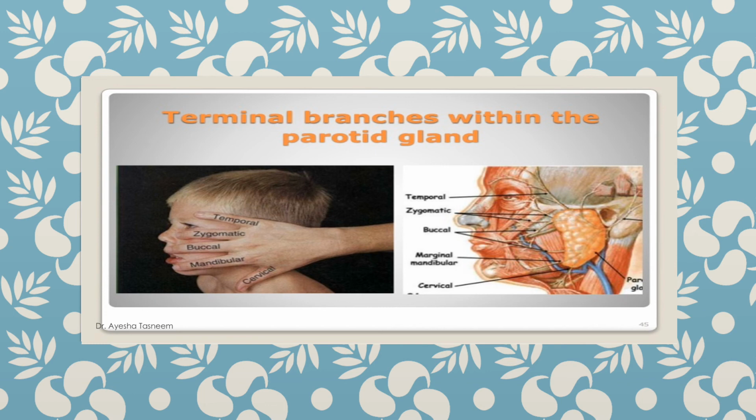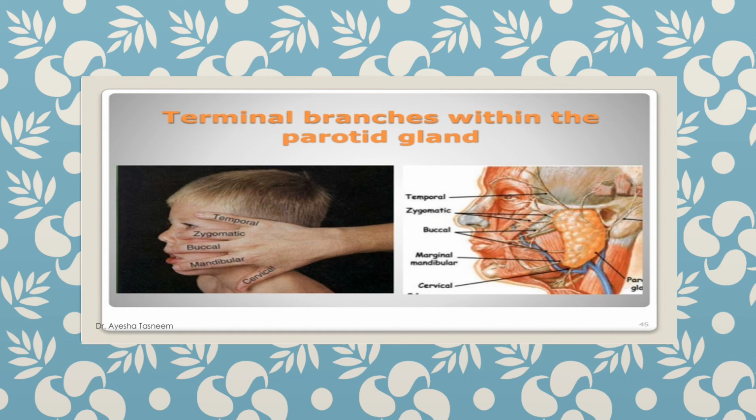After giving these branches, it turns anteriorly and medially to enter into the parotid gland, where it divides into two main branches, that are the temporofacial and the cervicofacial.